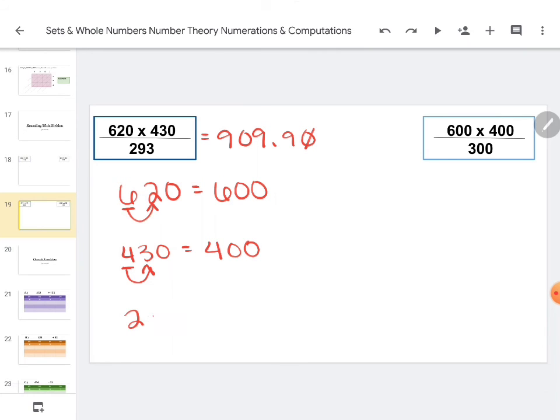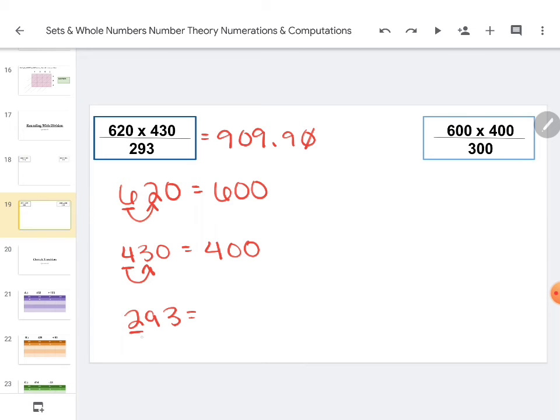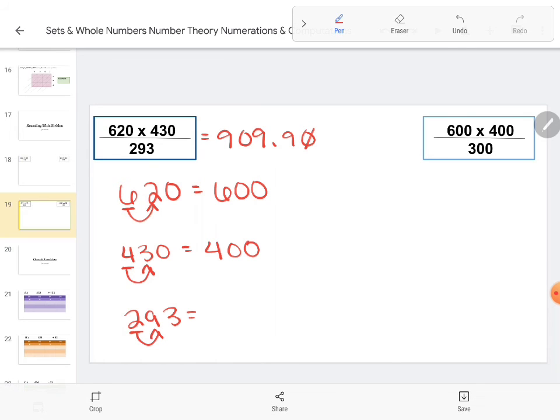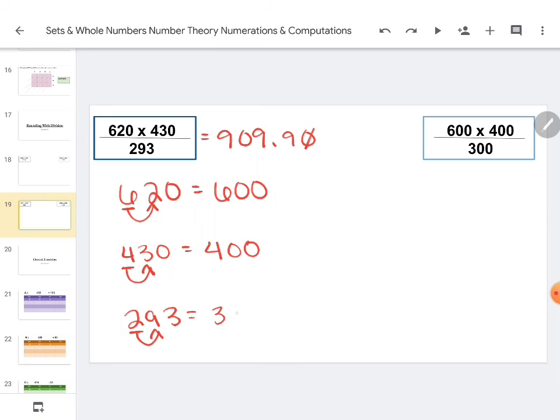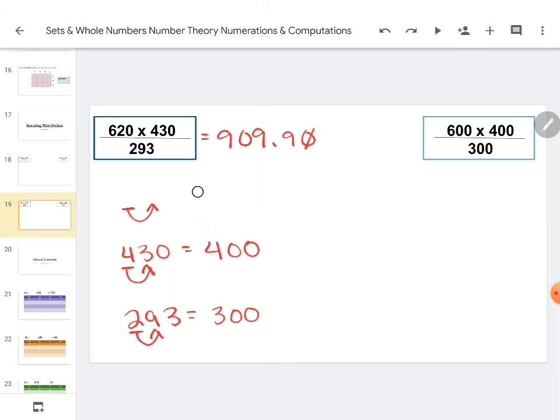And 293 is going to be 300, because when you look at our leftmost digit and the one directly next to it, our 9 is above 5. Therefore, we round up to the nearest hundred, and it will be 300, which is how I got 600 times 400 divided by 300.